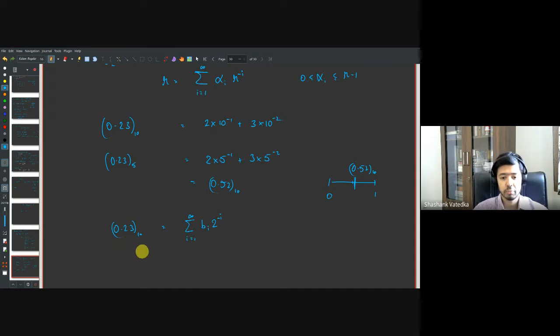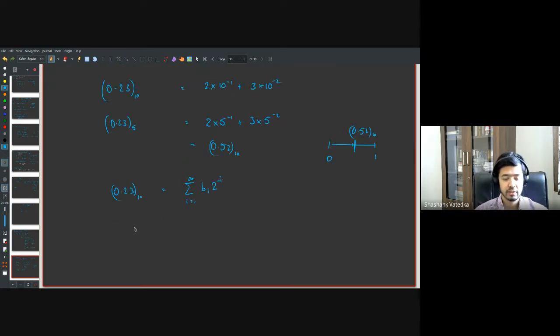Yeah, so you keep multiplying by 2, and then, so suppose I want to find b1, right? So this is b1 into 2 to the minus 1 plus b2 into 2 to the minus 2 plus b3 into 2 to the minus 3, and so on, right? So now if I first want to compute b1, then how would I do it?